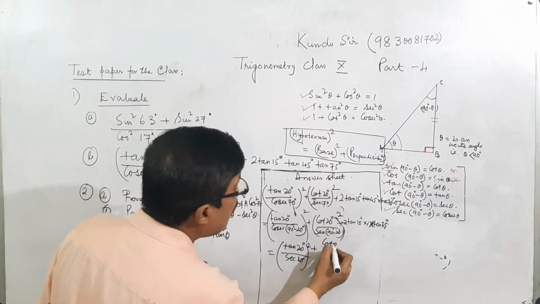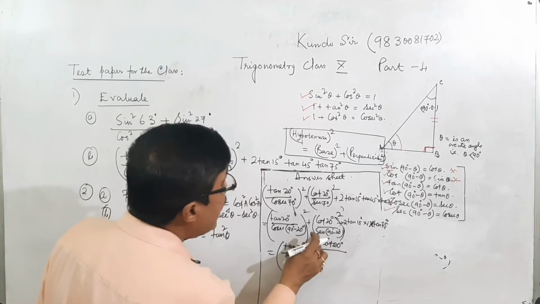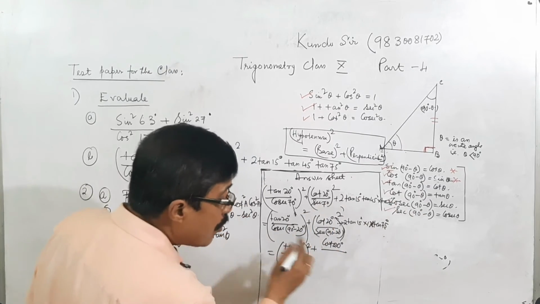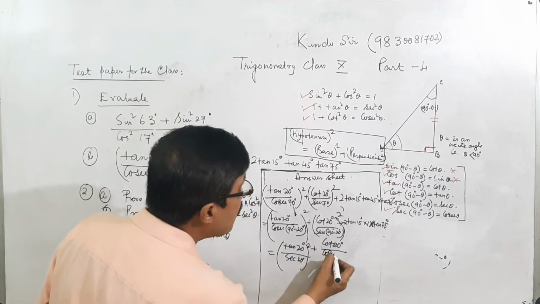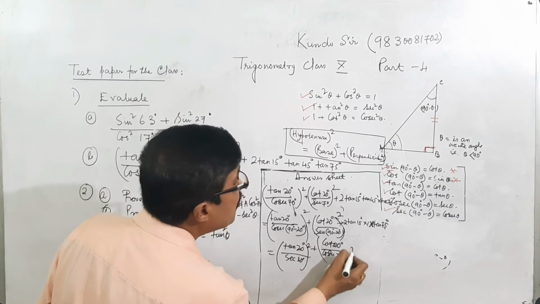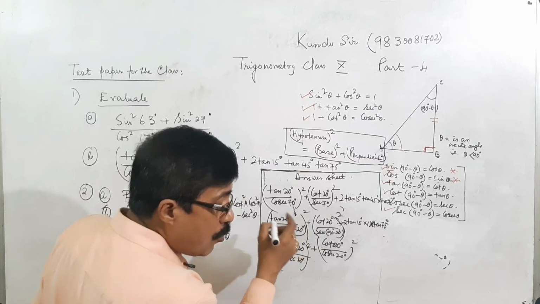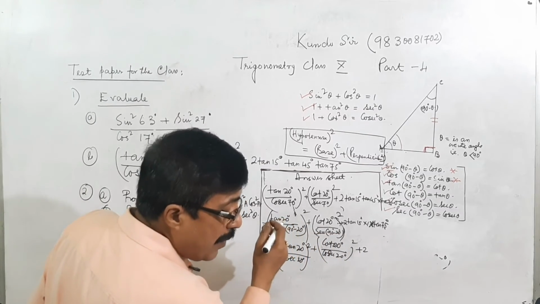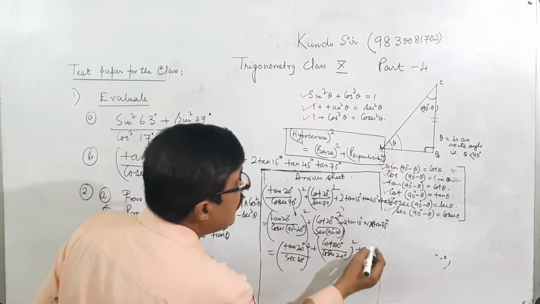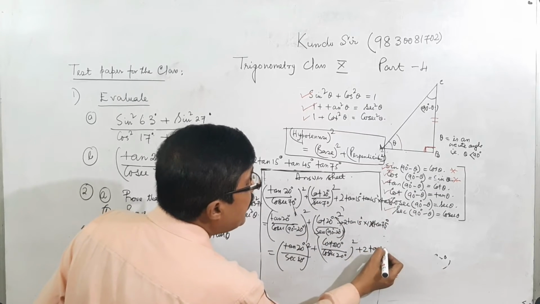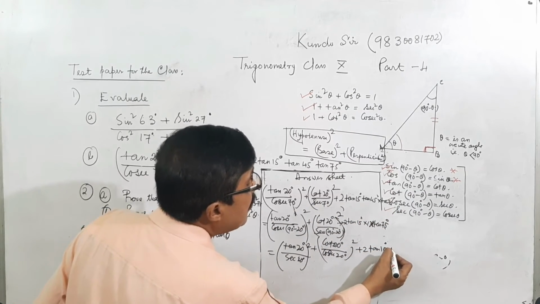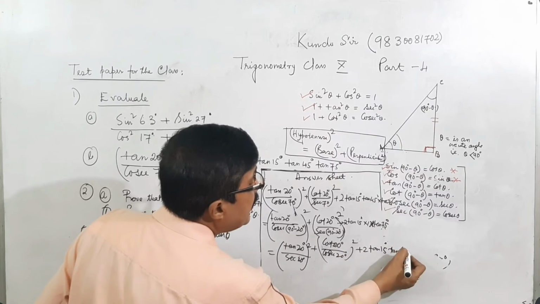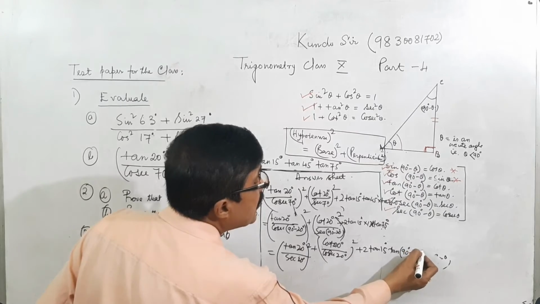Cot 20 we are keeping, and sec 90 degree minus theta can be written as cosec theta, theta equal to 20 degree. And now we are changing tan 15 degree, and tan 75 degree is written as tan 90 degree minus 15 degree.